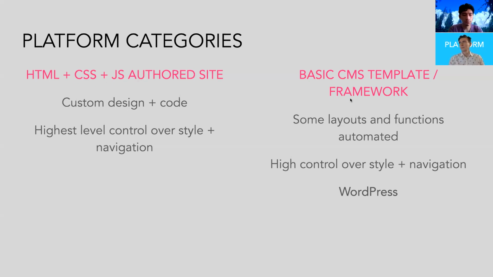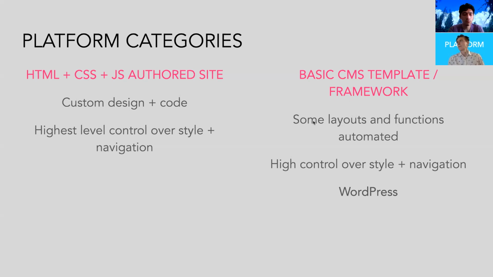So then we have the very basic CMS template, and CMS is a content management system. So essentially there's some kind of framework where you have the back end of a site, and you're able to plug images or content in on the back end. And then the CMS takes that content and populates it into a template. And it's also a framework.